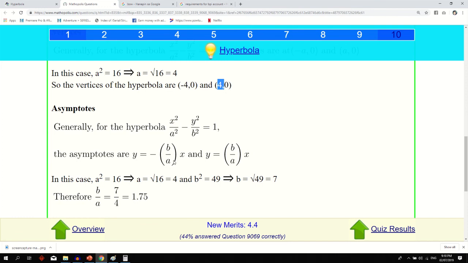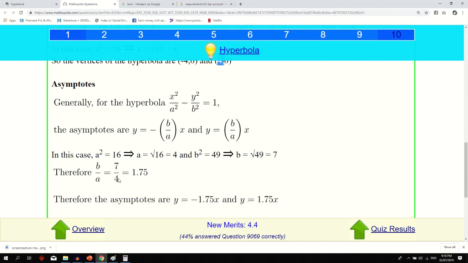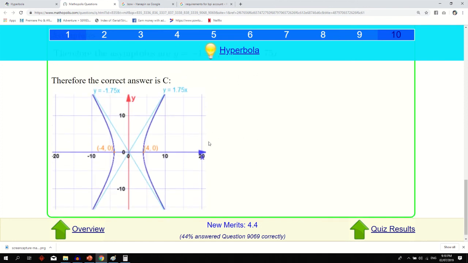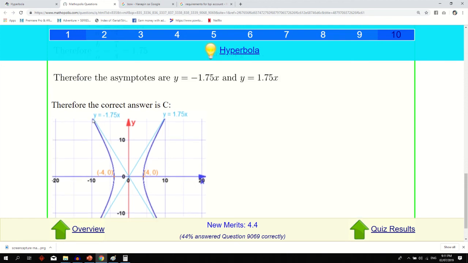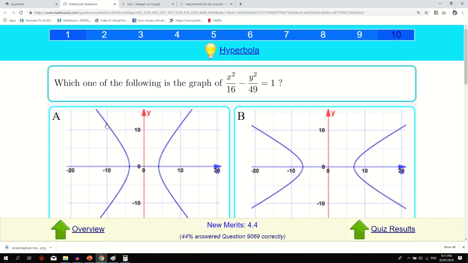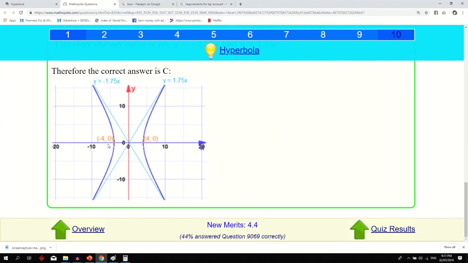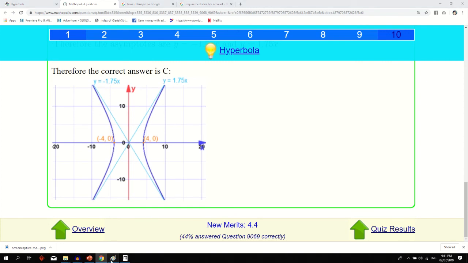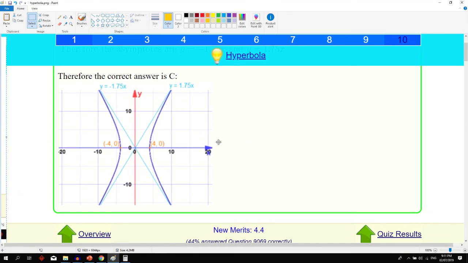Then asymptotes, how he uses this asymptotes to know that y equals to 1.75x. Okay, so what he did was checking if this one is correct. Okay. I get it now. Okay, I will explain to you guys what he did.